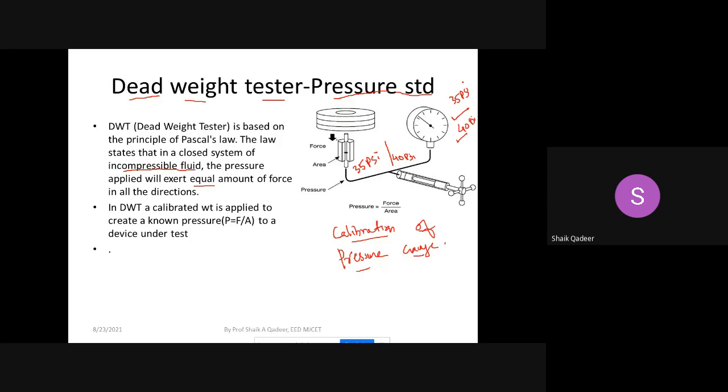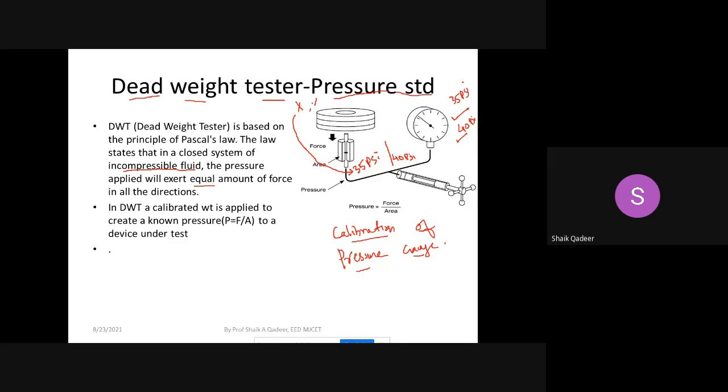Because of it, it creates pressure in all directions equally. So on the other side of the pipe, we just open the knob and connect the gauge under testing. Suppose some X weights are needed in order to create 35 psi of pressure. Then we apply those weights over here.